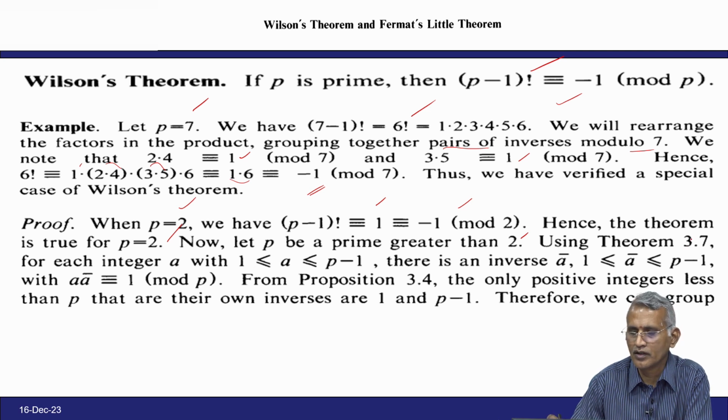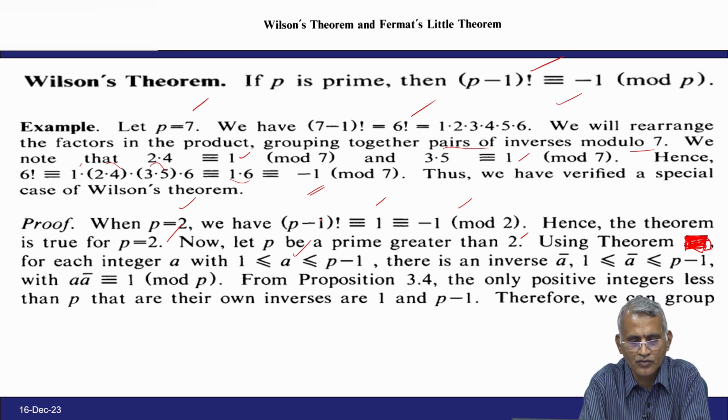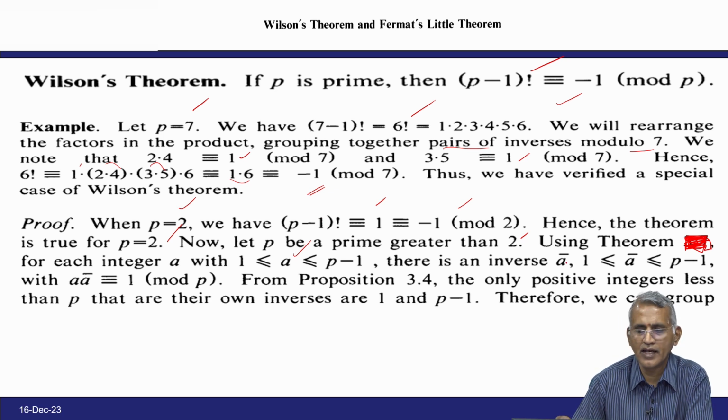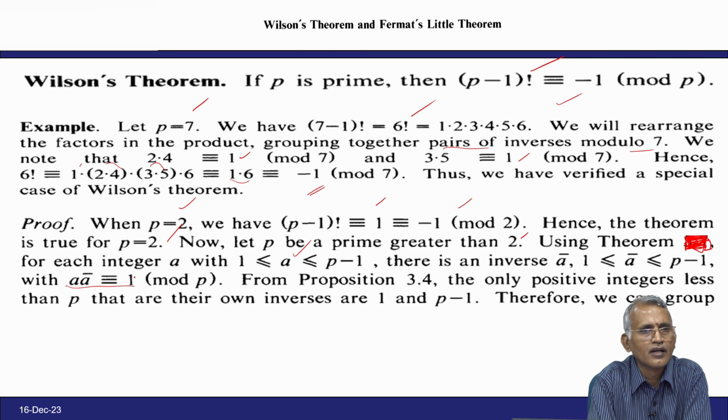So, using the theorem, for integer a with 1 less than or equal to a less than or equal to p minus 1, there is an inverse a inverse such that 1 less than or equal to a inverse less than or equal to p minus 1, where the product of a and a inverse is identically equal to 1 under modulo p, and we have a proposition that the only positive integers less than p that are their own inverse are 1 and p minus 1.